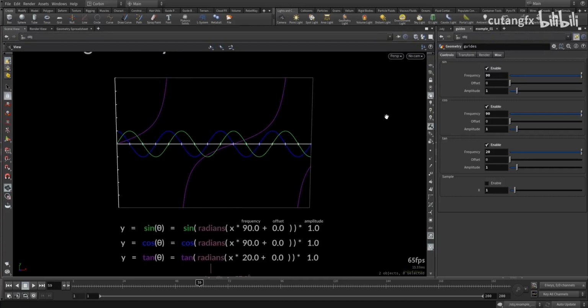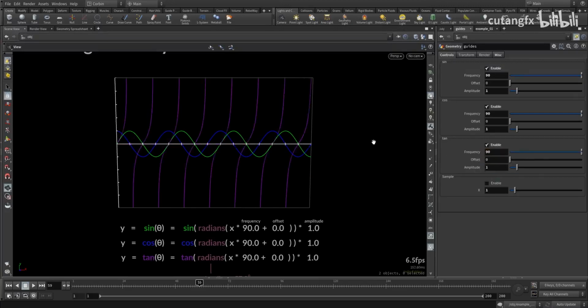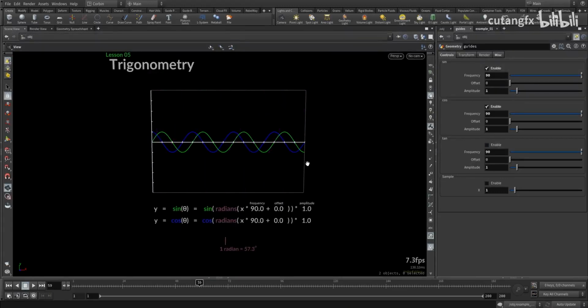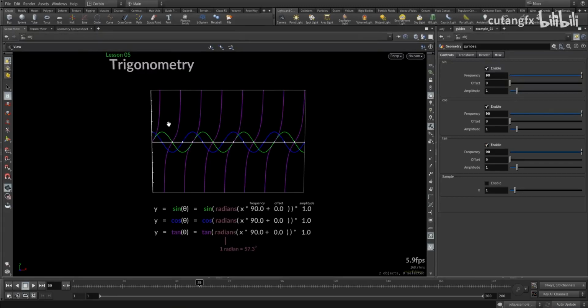You might end up with weird velocities happening when it does the jump from here to here, though, so you might end up with streaks if you have motion blur on, so be very careful of that type of thing. But you might find some outlying cases for the use of tan, but I have honestly never used it in all of my time of doing 3D.